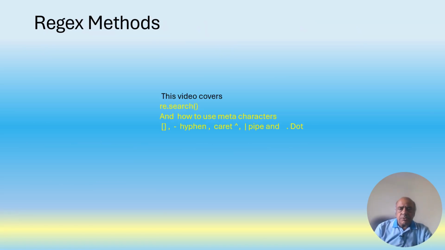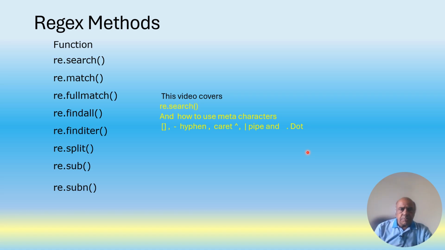This video covers the re.search method, and it also explains how to use the meta characters square brackets, hyphen, caret, pipe and dot.